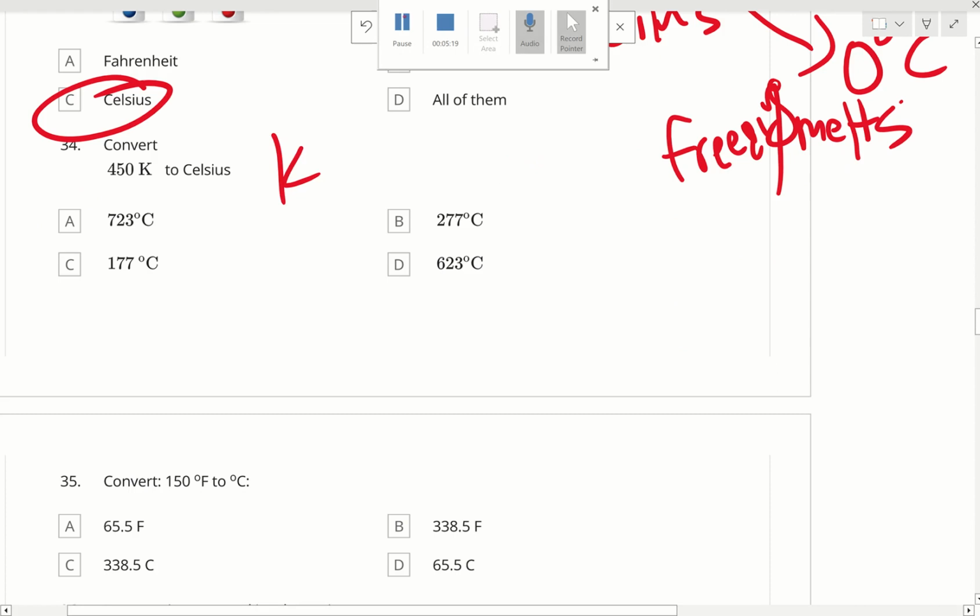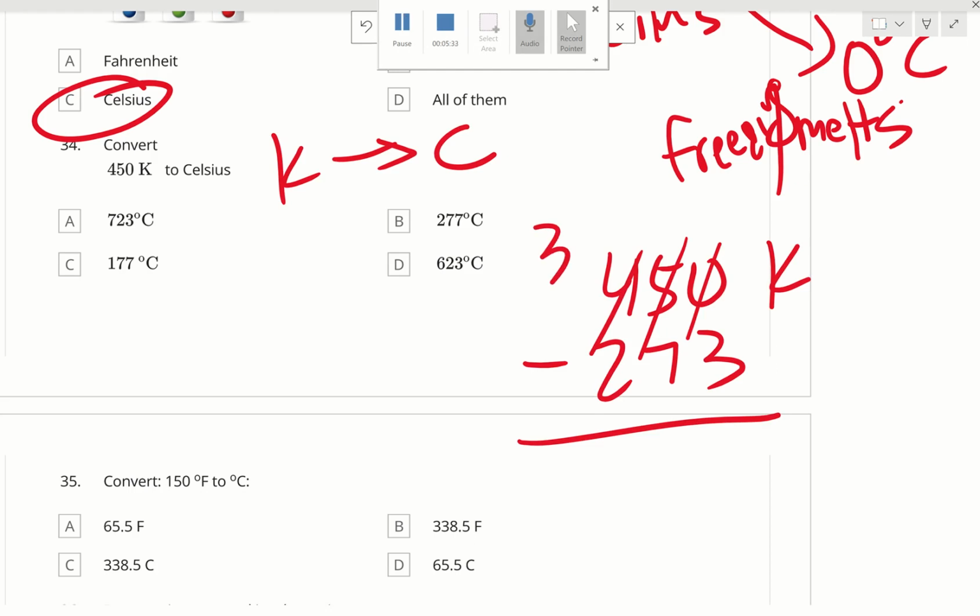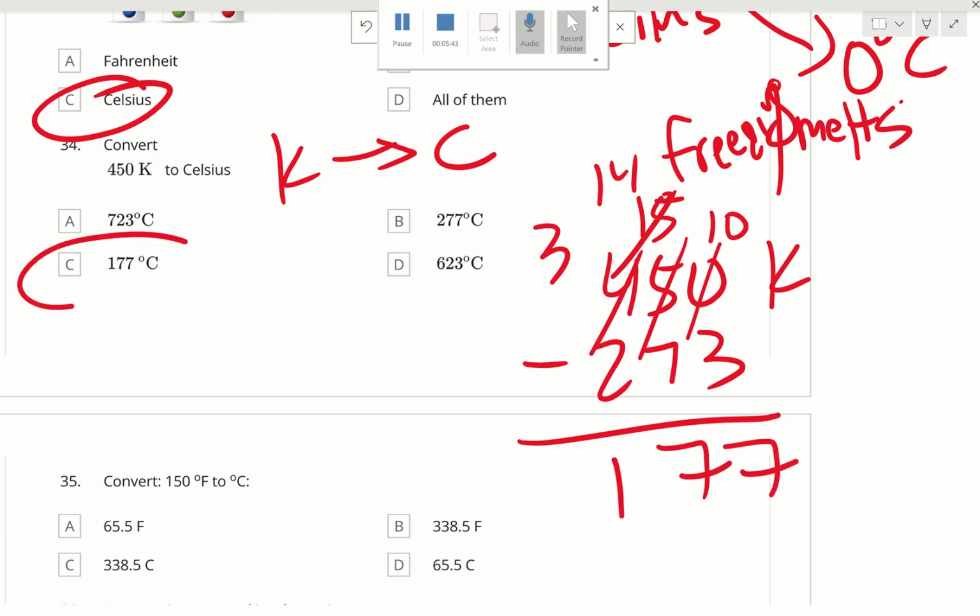So if I want to go from Kelvin to Celsius, they will give you the formula on the exam, but I need to subtract 273. So I have to borrow from the 4, that's 3. This is going to be 15. I have to borrow from the 15, that'll become 10. This will become 14. So 10 minus 3 is 7. 14 minus 7 is 7. 3 minus 2 is 1.